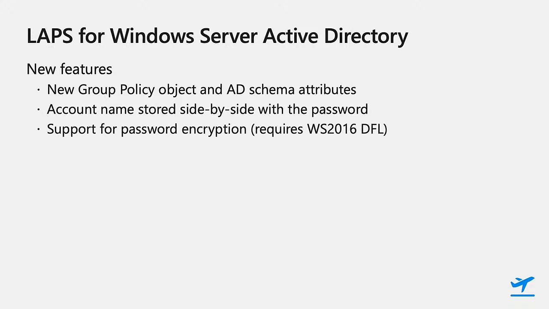Support for password encryption. So in the legacy LAPS product, the password is stored in clear text in a confidential attribute in Active Directory. And the security of that clear text password depends on proper configuration of the Active Directory ACLs. Perfectly fine approach. There's nothing wrong with that, and it's definitely possible to do that correctly.